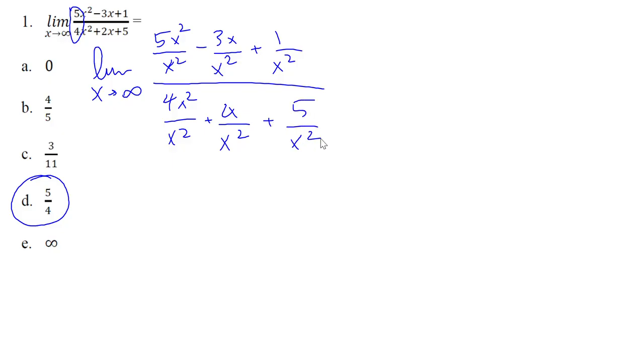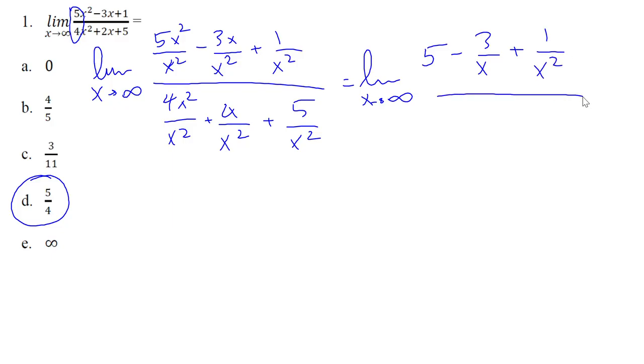But we're dividing everything by x squared because 2 is the highest degree. So this would give us a limit as x approaches infinity of 5x squared over x squared is 5, 3x over x squared is 3 over x, and 1 over x squared is just 1 over x squared. 4x squared over x squared is 4, and then 2 over x and 5 over x squared.